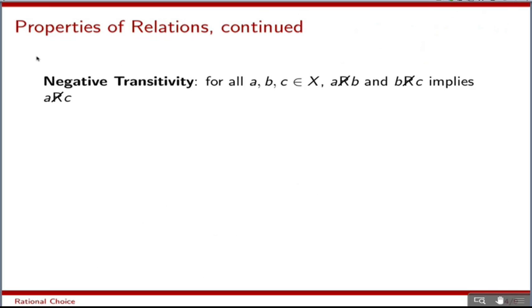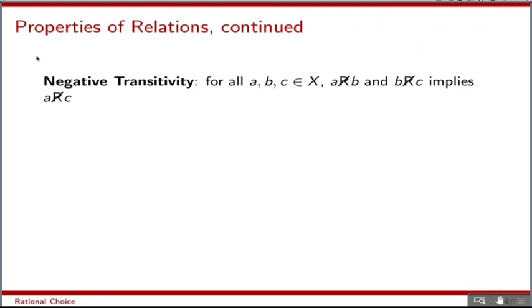There are two more properties that we want to look at, and these are going to be crucial properties that we'll be using and studying and talking about throughout the semester. The first one is negative transitivity, and this one is perhaps a little bit less intuitive or less well known than the other properties.